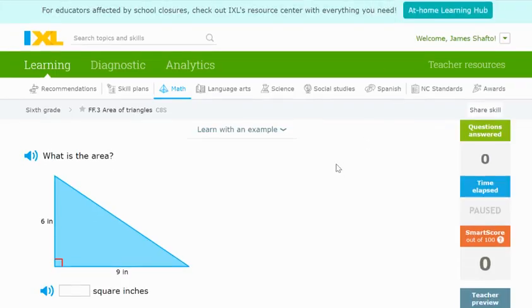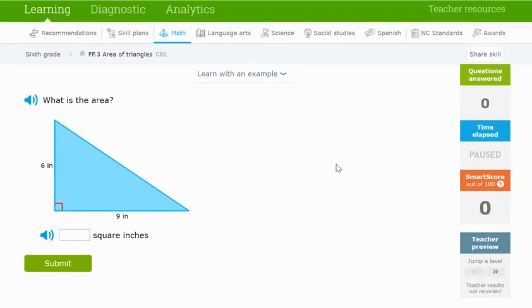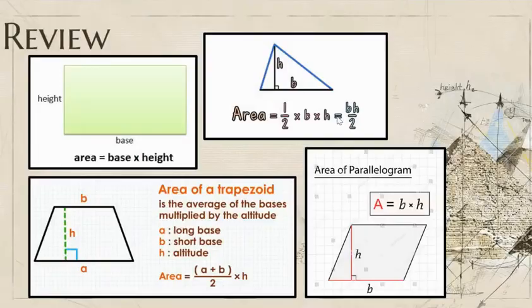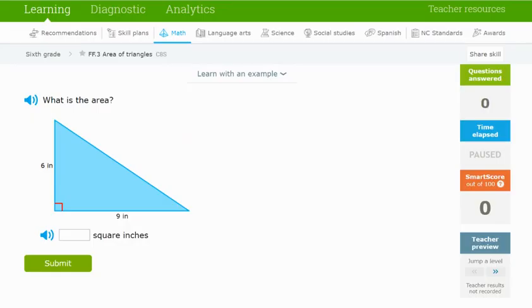In the first question, it says, what is the area? And it gives us a base and a height. So if we remember what our formula was, I'm going to go back here. Our formula here is 1/2 times the base times the height.